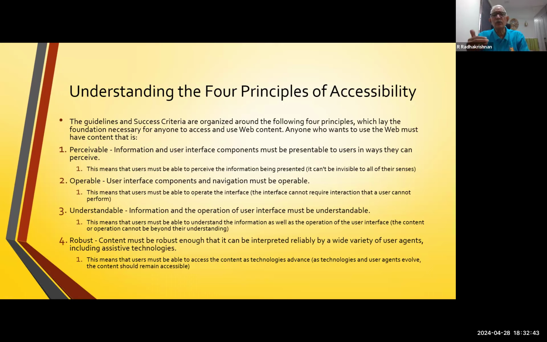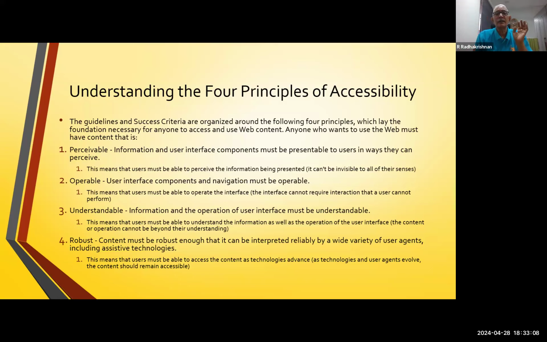The user must be able to understand the information as well as the operation of the user interface. And the fourth one is robust. The content must be robust enough so that it can be interpreted reliably by a wide variety of user agents, including assistive technology. This means that users must be able to access the content as technologies advance.